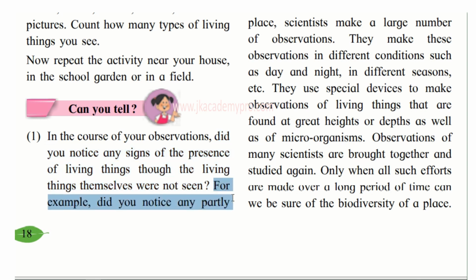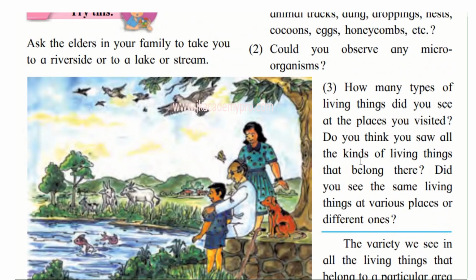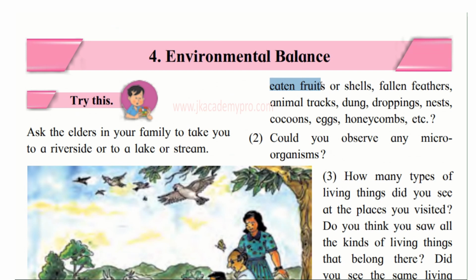For example, did you notice any partly eaten fruits, that is, any fruits that had been eaten by somebody and thrown away, or shells of some fruits, dry fruits or anything, or fallen feathers? So did you find a feather that looked like a pigeon's feather, but there are no pigeons around, so where did this feather come from?